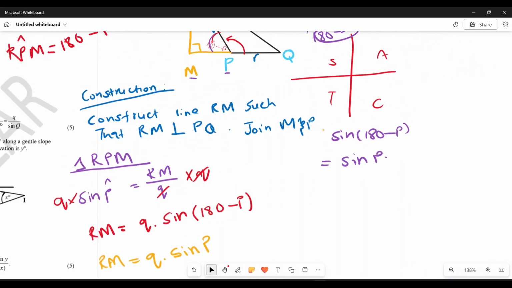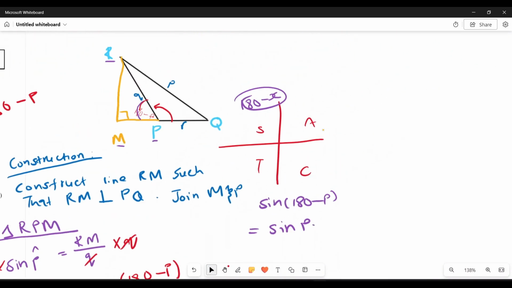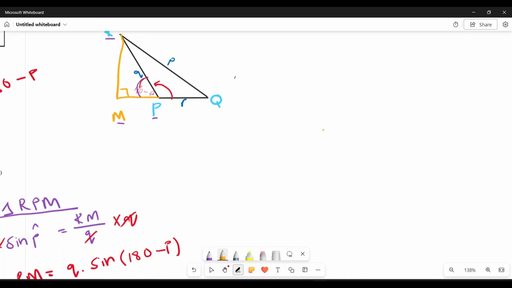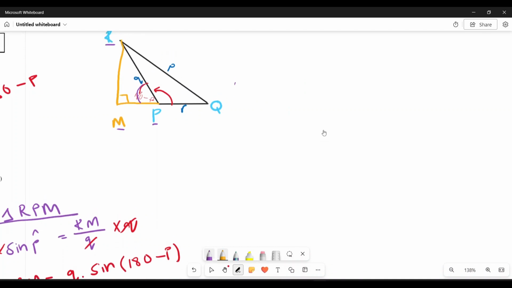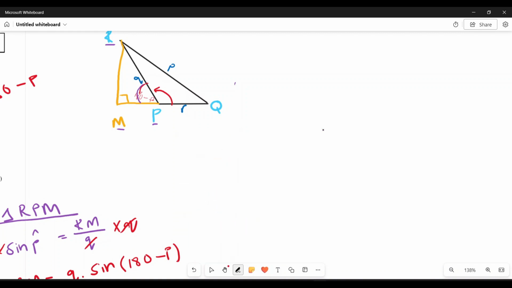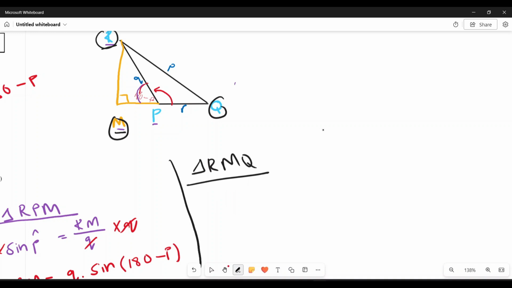All right. Now the second step. For the second step, I'm going to be using the other triangle, but now I'm going to be using the bigger triangle. Which triangle am I referring to? Let me just try and highlight it here. So now I'm going to be using triangle RMQ, right? I'm also going to be using the sine ratio because if you look at RMQ, this is a right angle triangle, right?